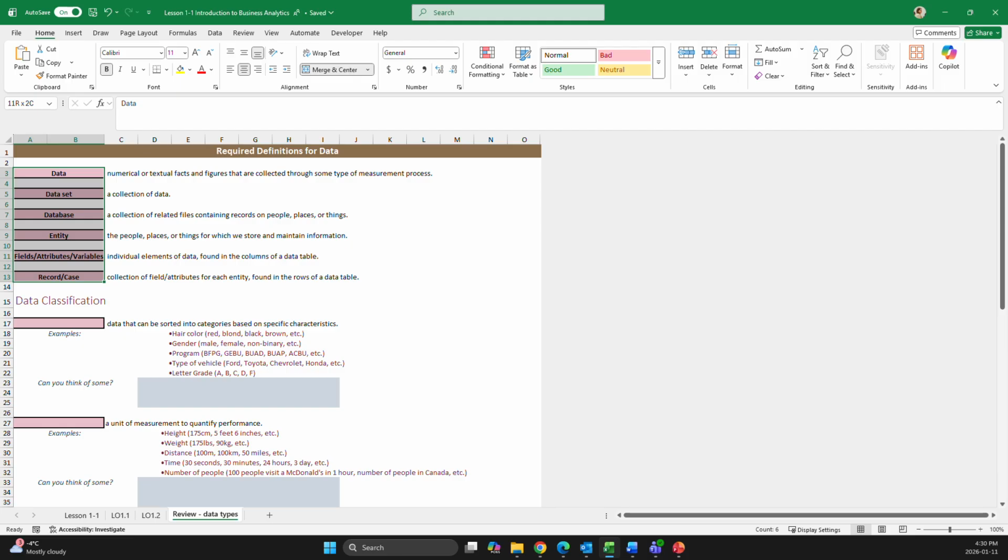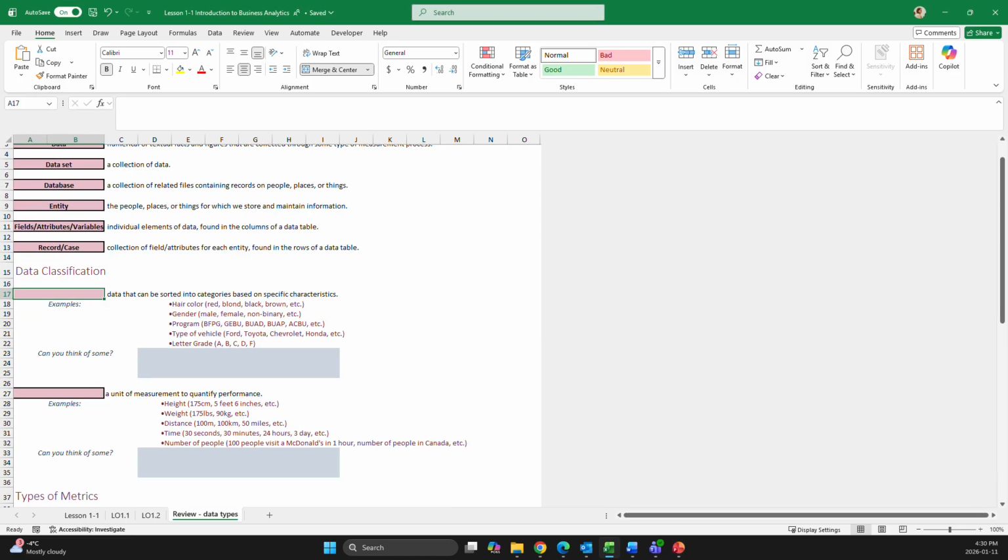Once you have data, we also need to classify it according to if you have numerical data or if you don't have numerical data. The first type of data that you can sort into categories based on characteristics is called categorical. In statistics, we also call this qualitative.